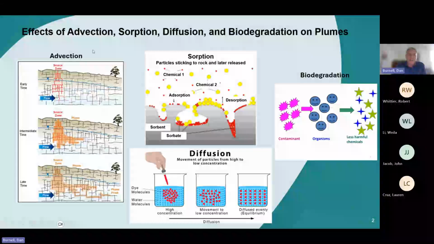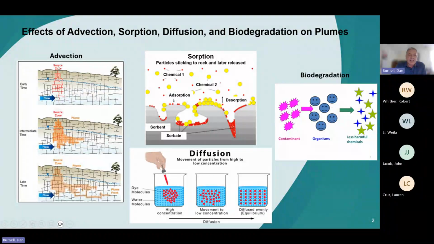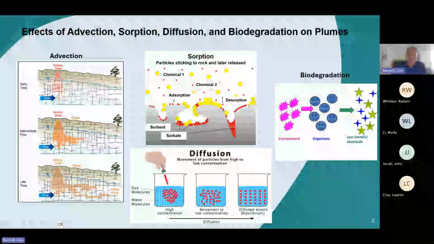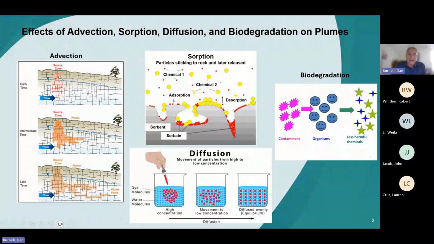And so we talked about, for example, if we have a spill and the contaminants migrate downward through cracks and crevices and reach the water table, and if the groundwater is flowing to the right, then in the early time after a spill, contaminants will migrate down through these preferential pathways of connected fractures and permeable zones.